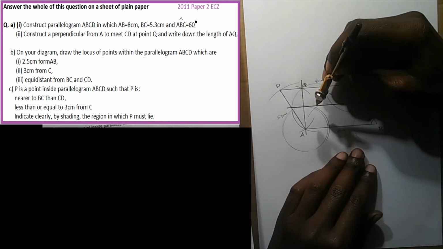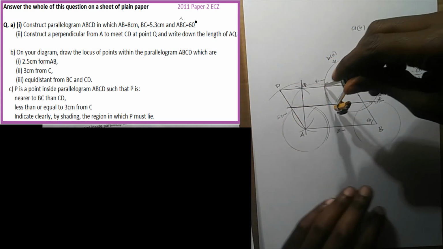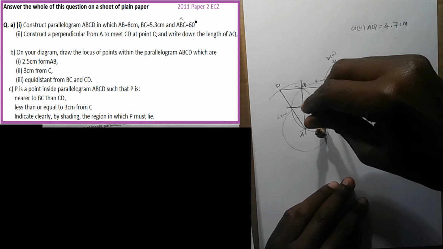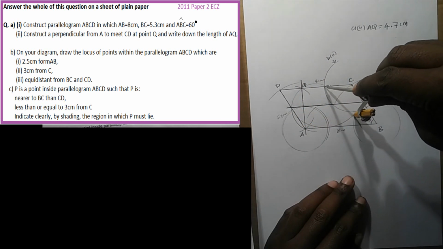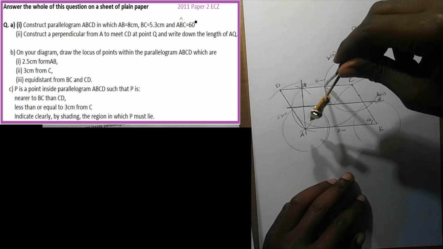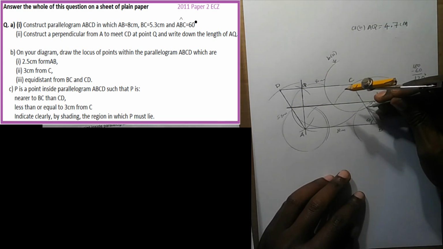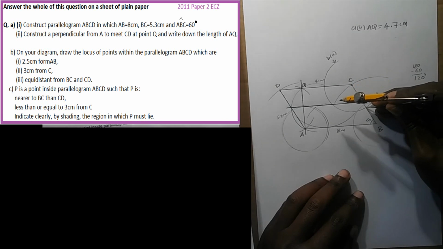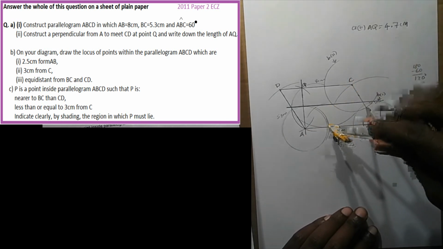Okay, so you place it there, and then with a suitable radius, make sure you draw a very nice looking arc there, and then you can move it here. Just make sure that you place it rightly. Okay, there, and then another one here.